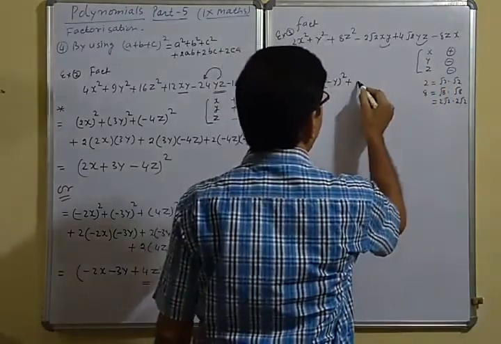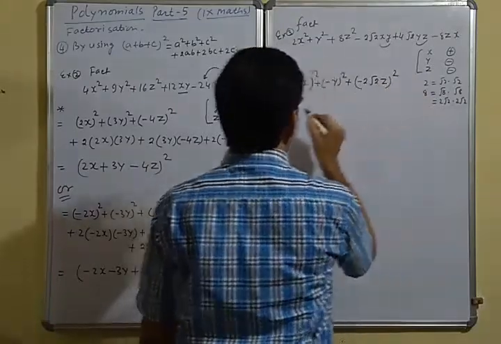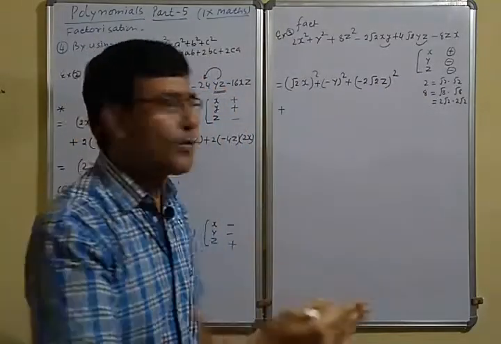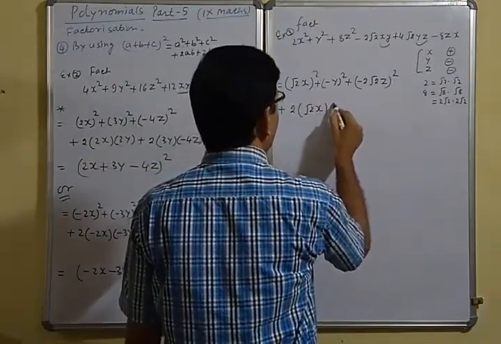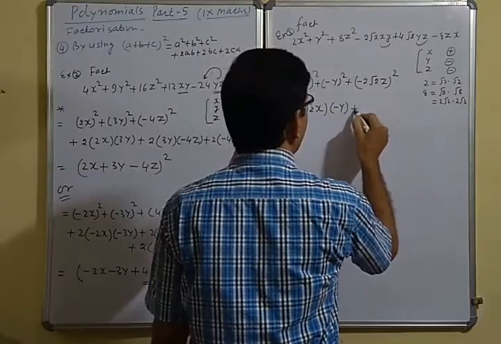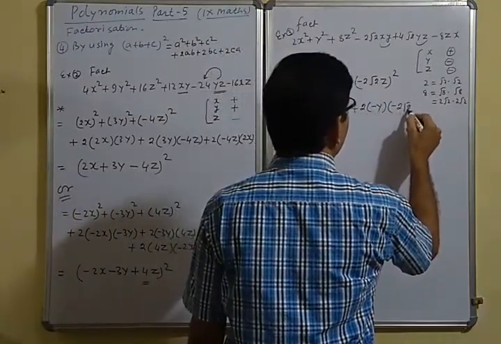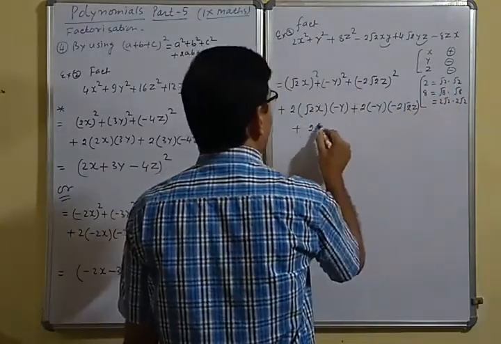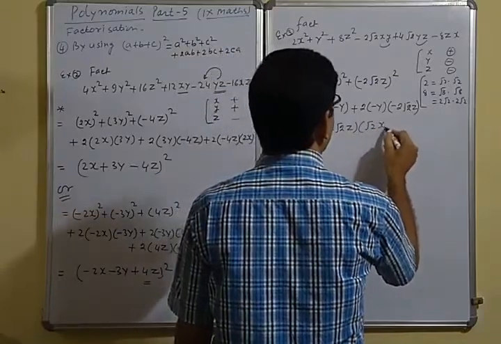So what we'll write? (Minus 2 root 2 z) whole square, plus now you expand it: 2ab plus 2bc plus 2ca. So that is 2 times root 2 x into minus y, plus 2 times minus y into minus 2 root 2 z, plus 2 times minus 2 root 2 z into root 2 x.